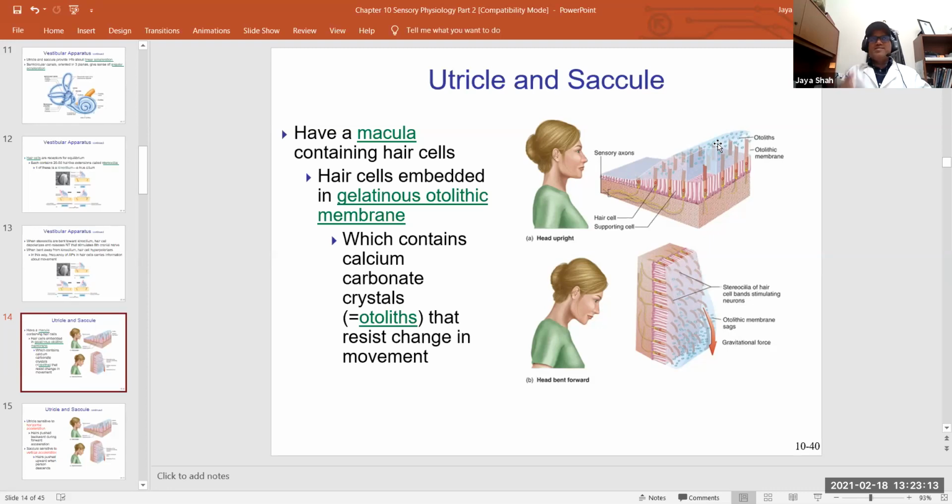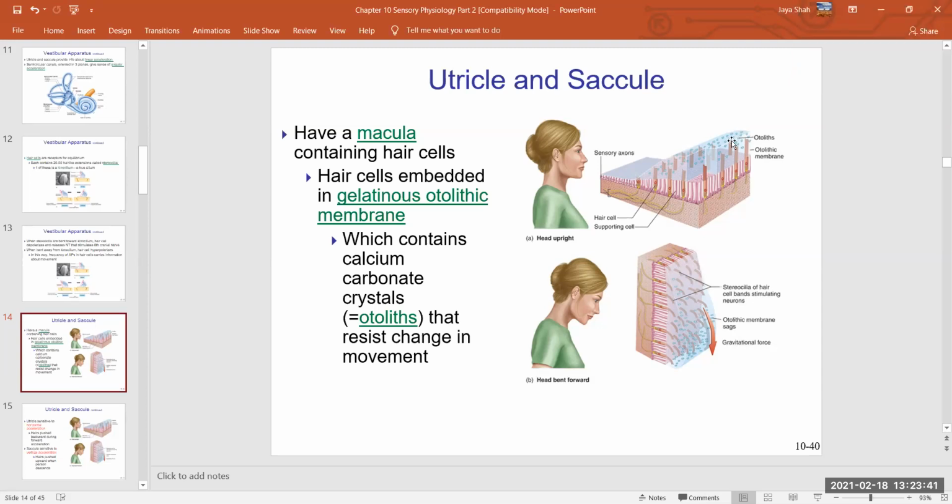Otolith means calcium carbonate compound. They are like crystals of calcium carbonate. You see, otoliths are stone-like, rock-like structures. So they stand still. Hair cells stand still, and they all are attached to the nerve fibers. You see, sensory neurons. When she moves her head forward, what happens?